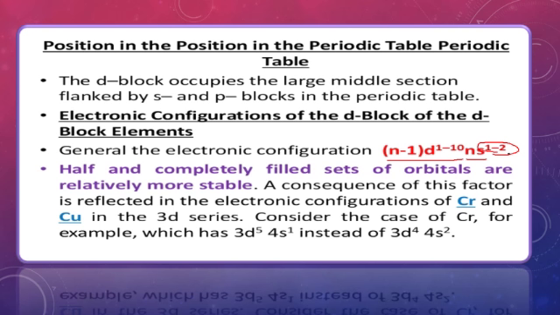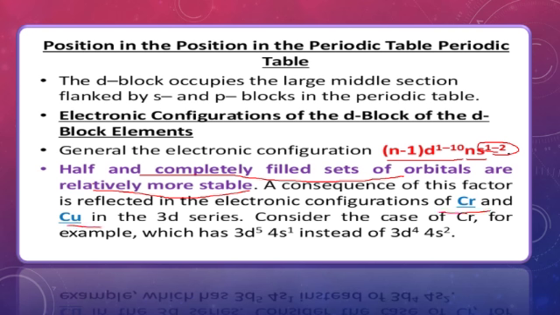Note down that half filled and completely filled sets of orbitals are relatively more stable than partially filled d orbitals, and the consequence of this factor is also reflected in the electronic configuration of chromium and copper in the 3d series.